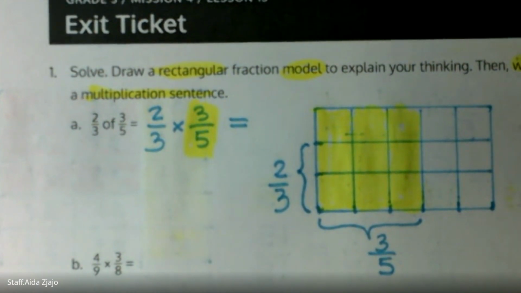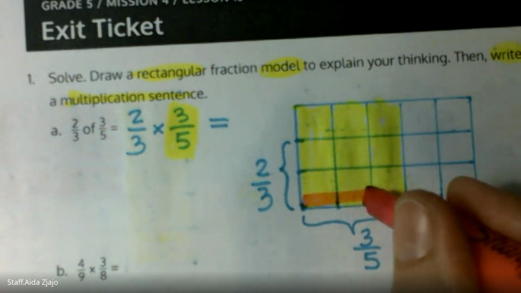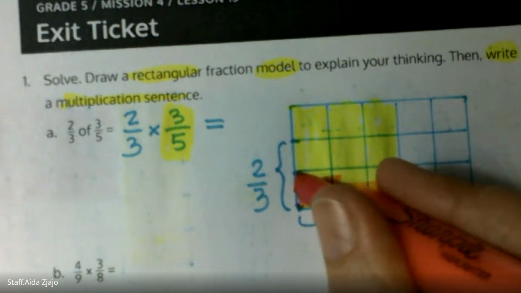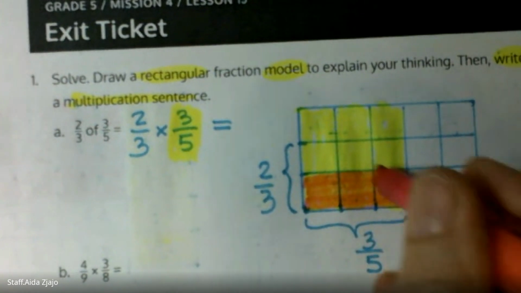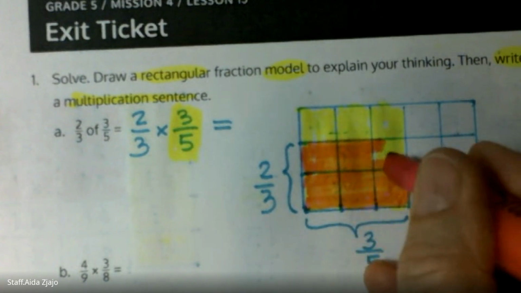So this is 1/3 of it, and then this is 2/3 of that. So that's one way of looking.